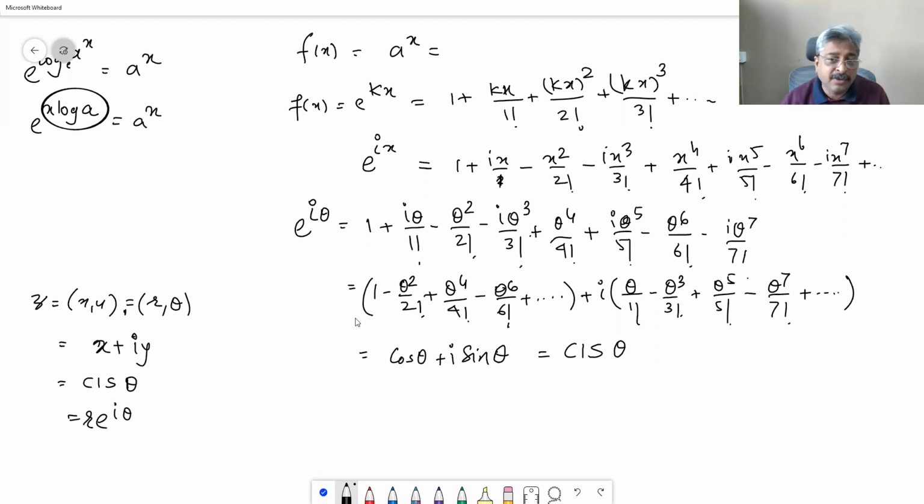And suddenly I introduced i over here, which is a complex number. However, I am getting exactly the thing that I wanted. That makes it very interesting. That is good enough for us to understand why e raised to i theta behaves like cis theta.